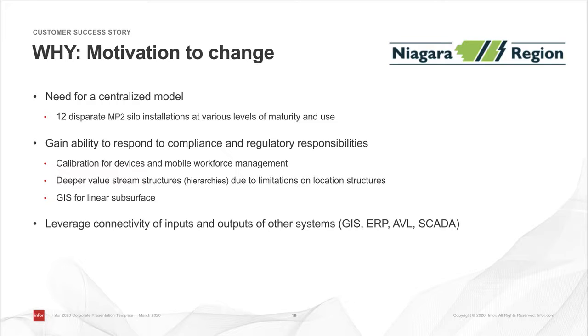Just as much pipe is above ground, there's a ton of it underground. And they needed to leverage connectivity of inputs and outputs of other systems so that they could continue to do those things they need to do every day to provide the service they do to their constituents.